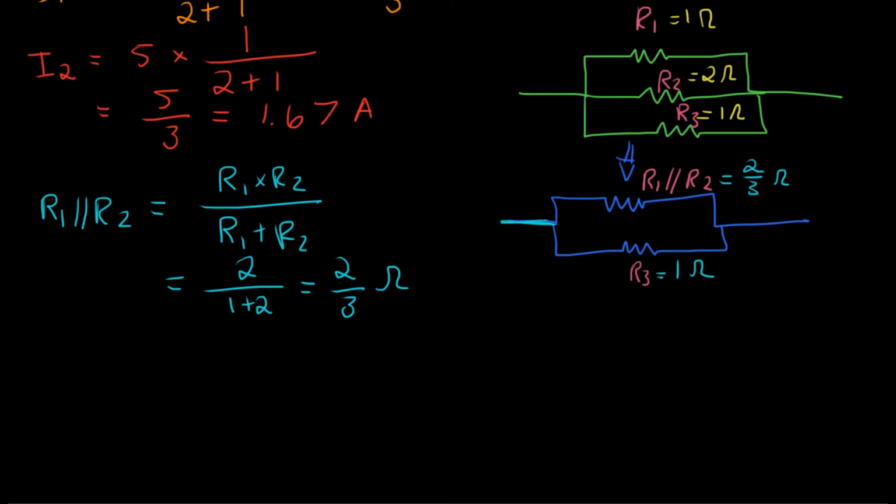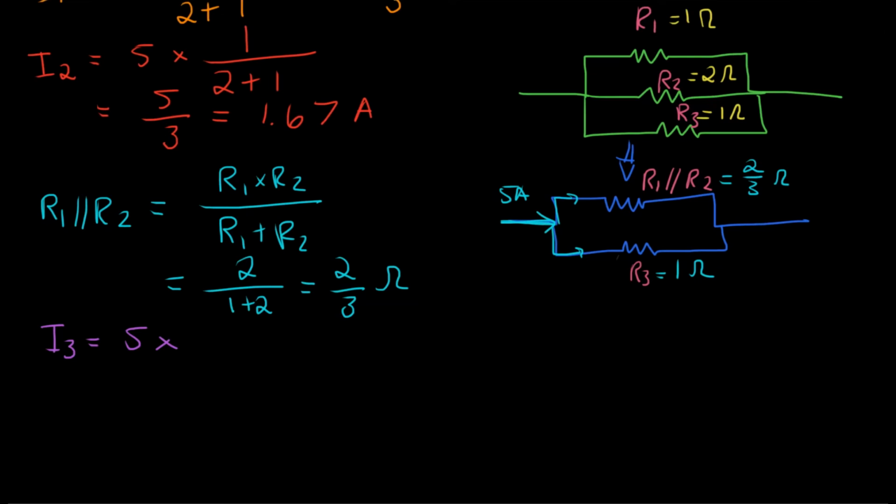We have our source current coming in the base here, which we can say is still 5 amps. And we know it will branch off into each of these paths depending on the resistance of the two branches. Let's now work out what our current flowing through R3 would be. I3 is going to be equal to our source current, which is 5 amps, times the opposite of the one.